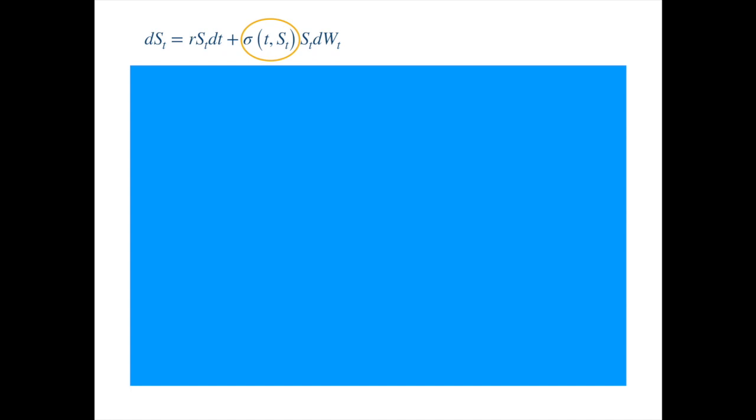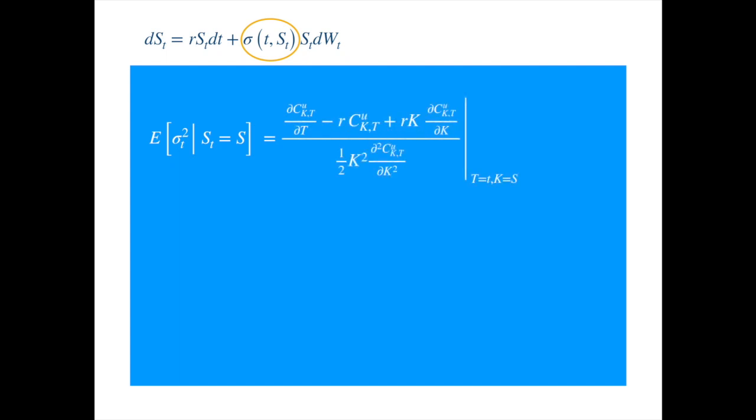As we explained in the previous video, the volatility function can be determined using the prices of call options. The conditional expectation can be written as a function of the conditioning variables, that's the time and the stock price, which is our local volatility function.